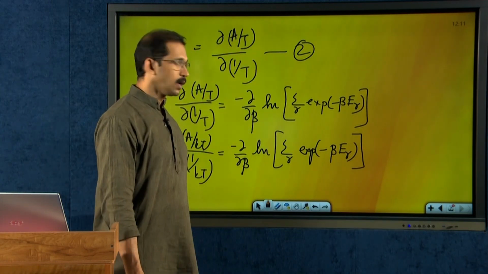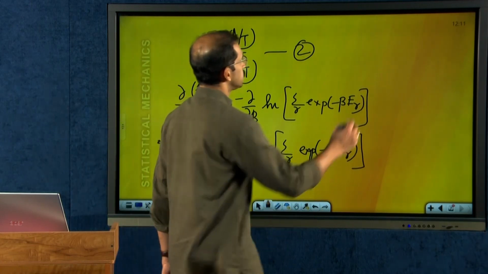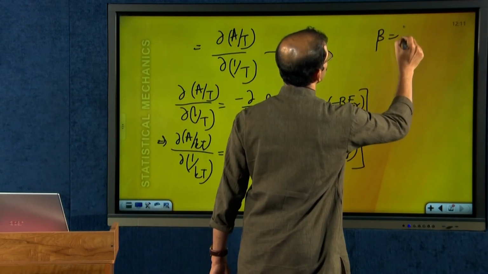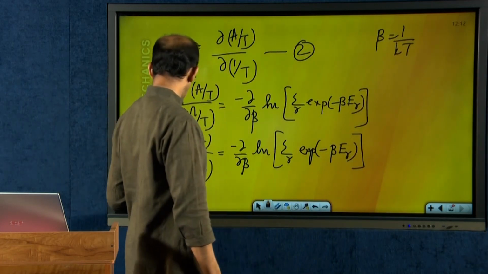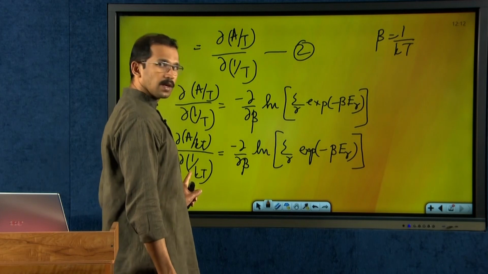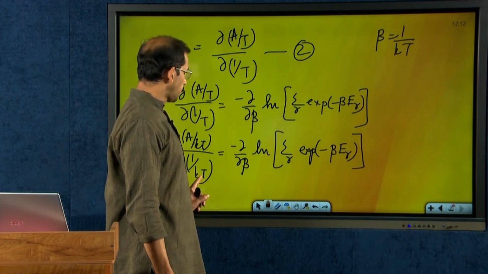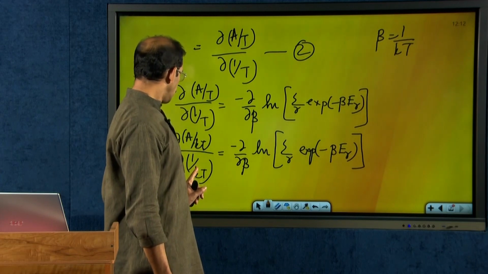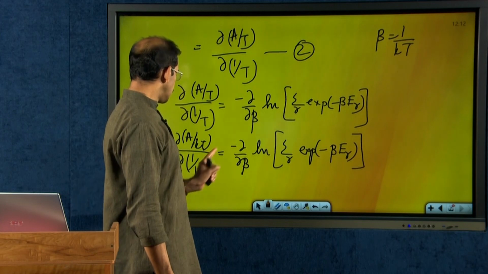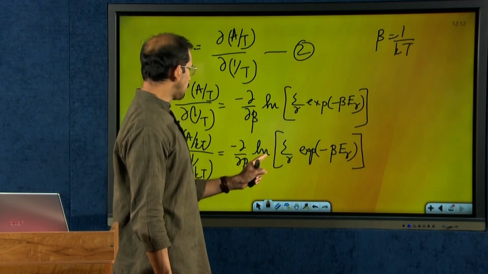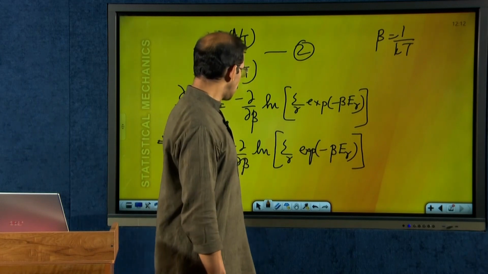Therefore, I know that beta is equal to 1 by kT. This is known information to me: beta is equal to 1 by kT. So, I can now express the denominator in terms of beta. So, this will be dou of A by kT by dou of beta is equal to minus dou by dou beta of ln sum over R exponential minus beta E_R.